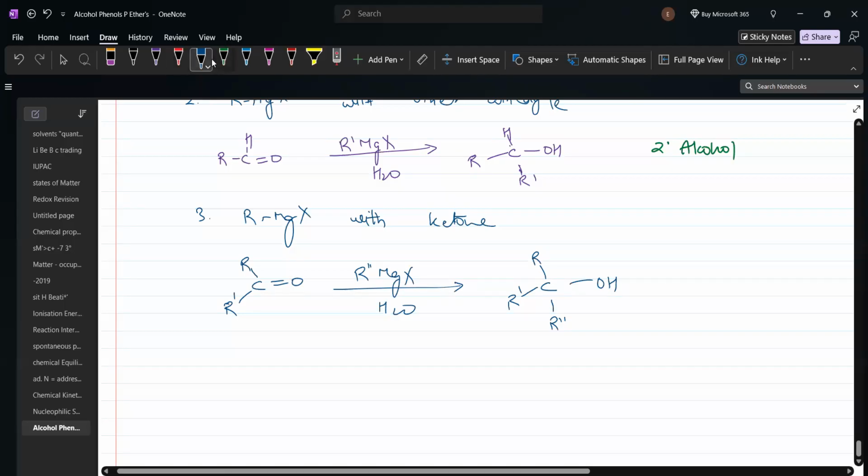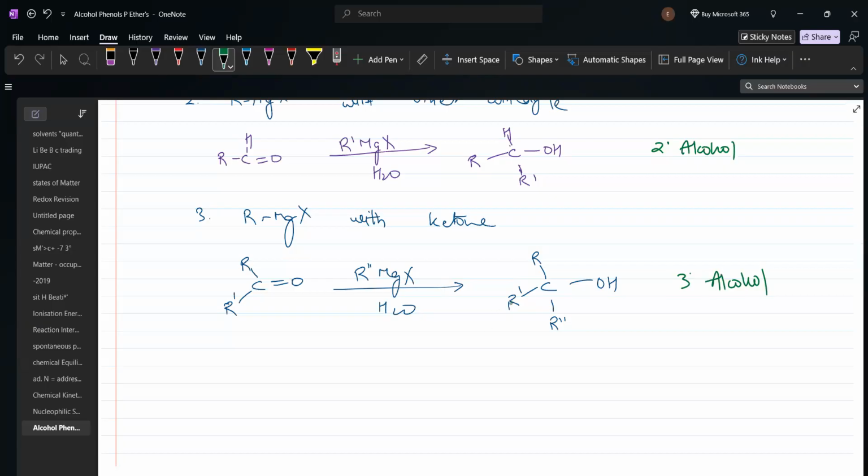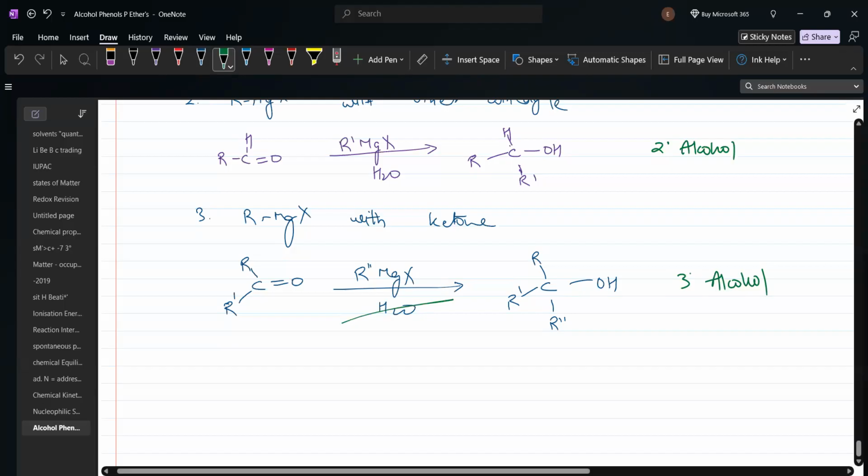And what is this? 3 degree alcohol. How 3 degree alcohol? Because this is also a carbon chain, this is also carbon, this is also carbon. So this carbon which is having OH group is attached with 3 other carbons. That is why this is 3 degree carbon.